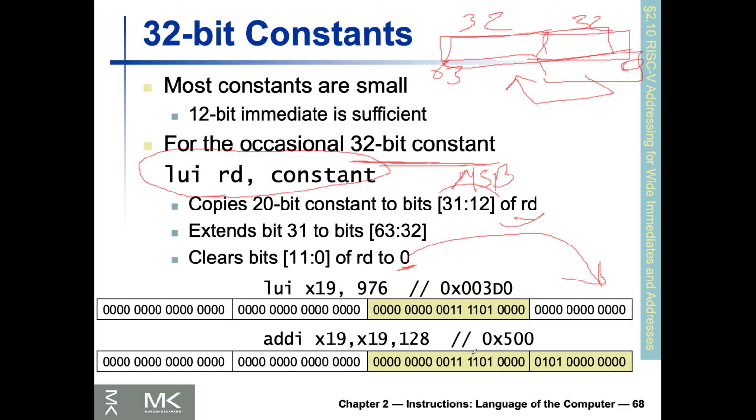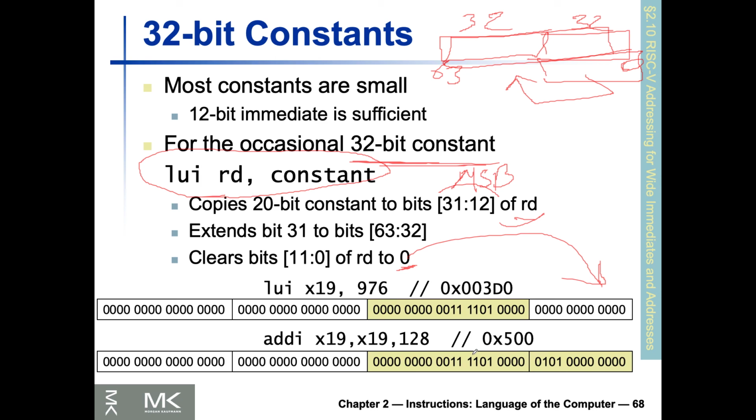So that's the limitation of addi. If you wanted to load something bigger, we would use LUI with addi. The LUI statement only allowed us to use the bits between 31 to 12. So how can I use the bits from 63 to 32, if there was a huge constant?